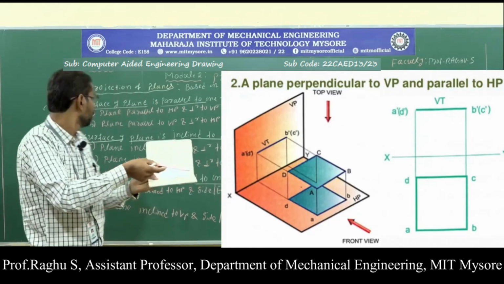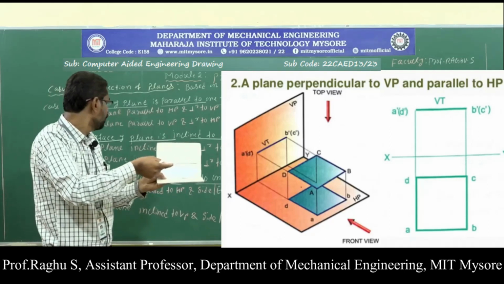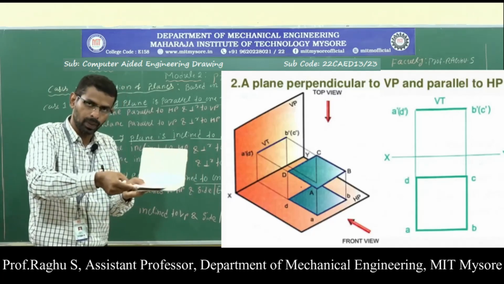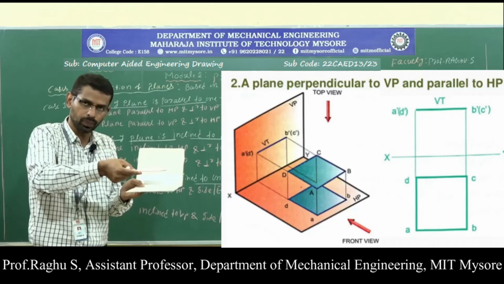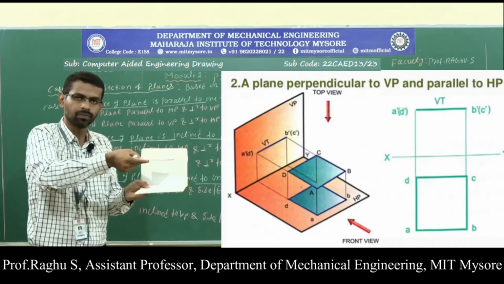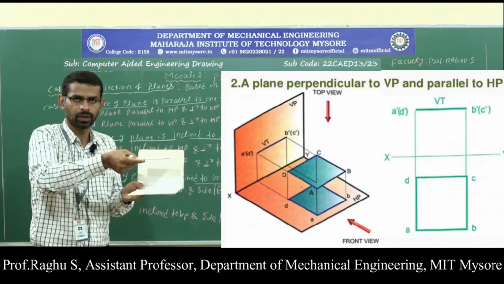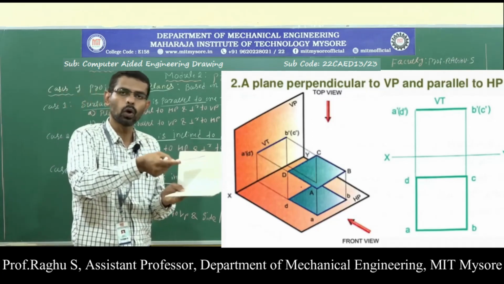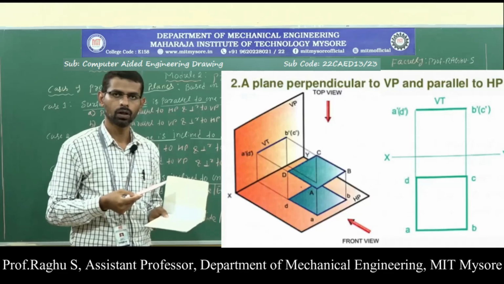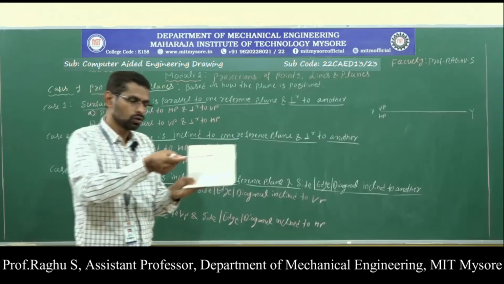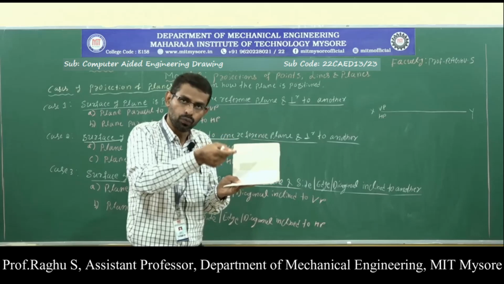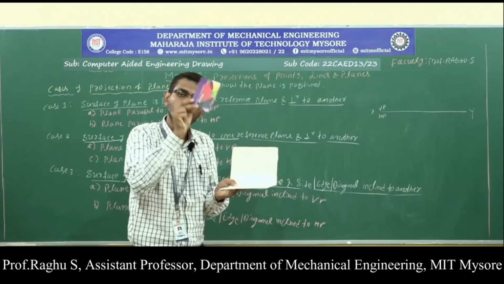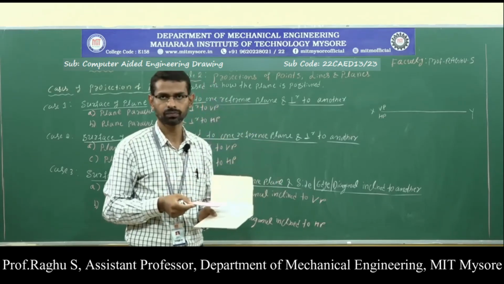Now the first position: plane parallel to HP and perpendicular to VP. In this position, I am supposed to write the top view and front view. The solution is like this. Always draw first the view in which the true shape appears.